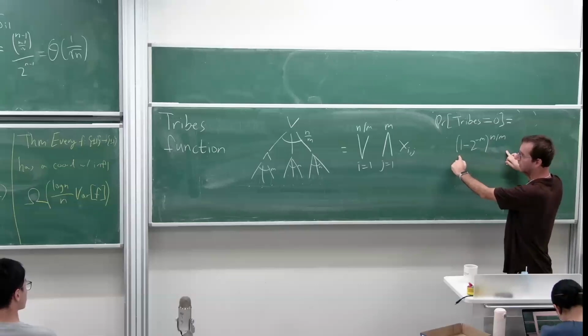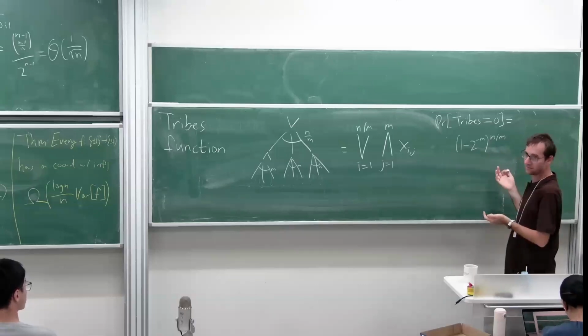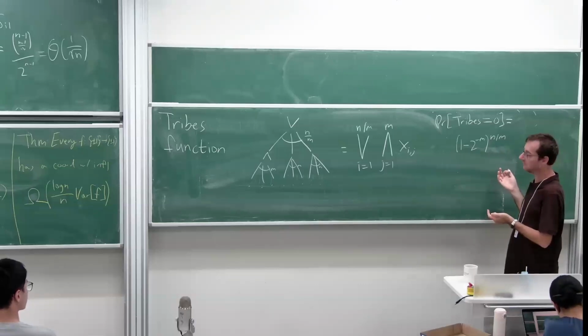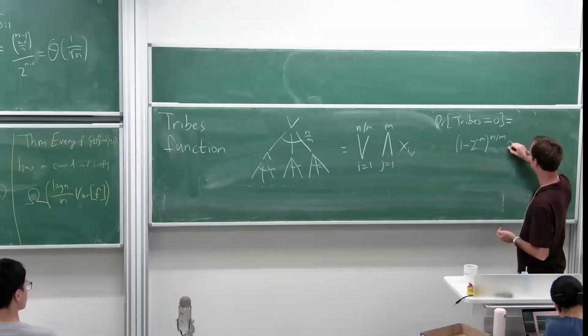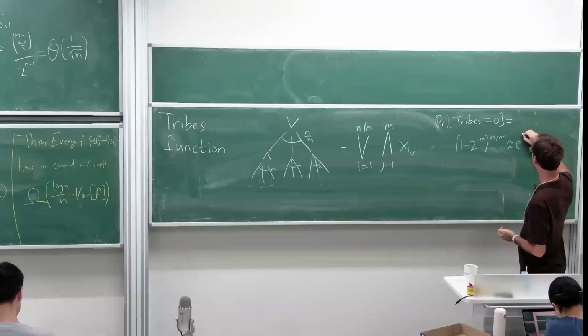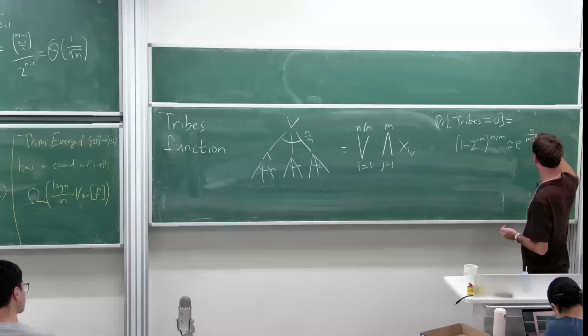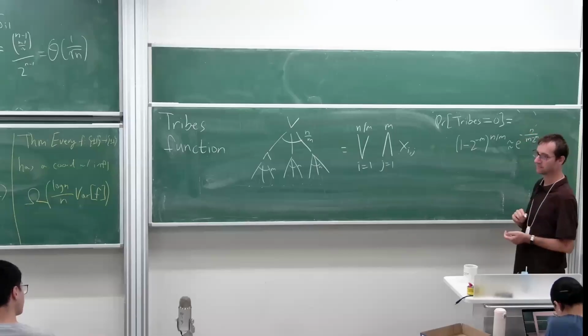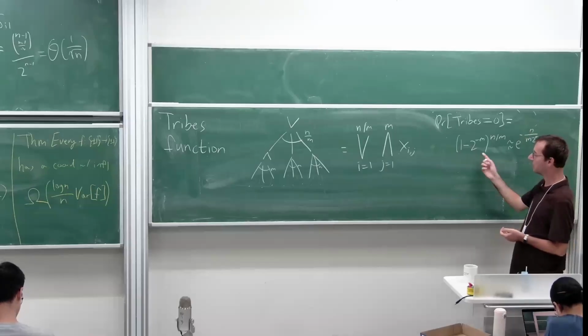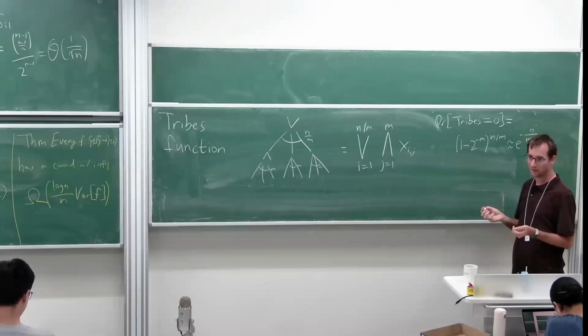And if none of the tribes votes 1, then the answer is 0. This thing is roughly e to the minus n over m 2 to the m, since 1 minus x for small x is roughly e to the minus x.